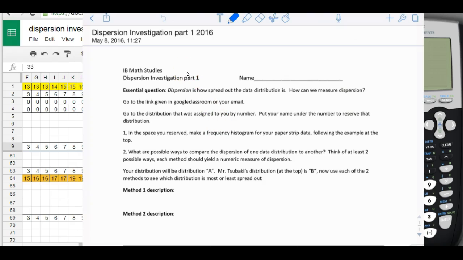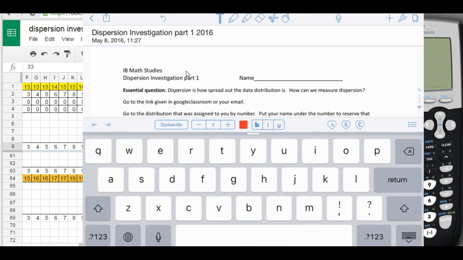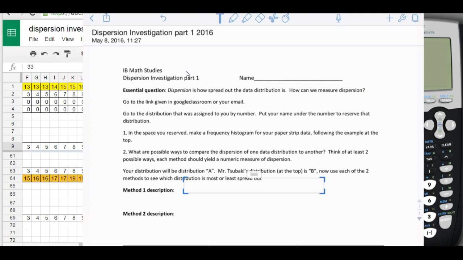So it says here, what are possible ways? Method 1, I am going to count all the x-axis values from the first occupied block to the last occupied block.